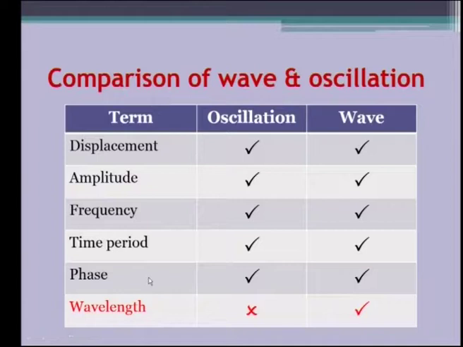And phase, the angular position that is represented as phase, that is also there for oscillation and wave, and this one particular term wavelength is applicable only for wave and it is not present for oscillation, because the wave is the one which is propagating. The wavelength is something related to the wave alone, a progressing wave, and that is not present in the case of oscillation.